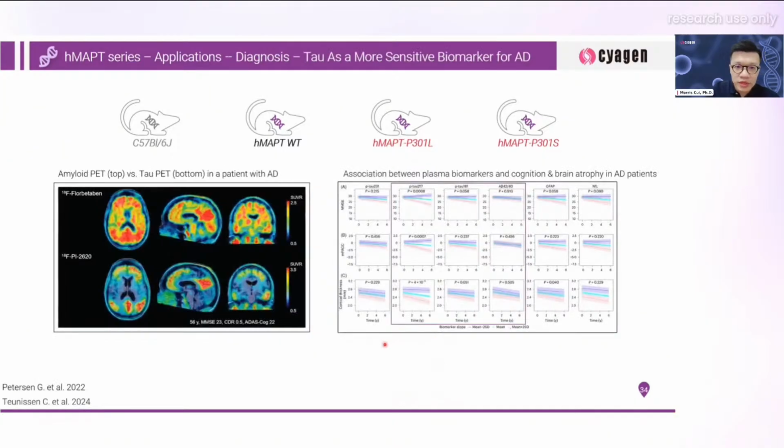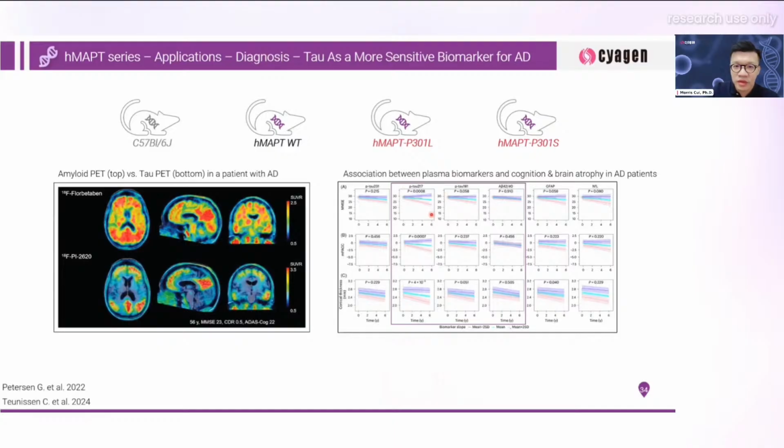In addition to this, more than one clinical study has demonstrated that in comparison to A beta, tau has a more clear correlation with cognitive impairment. That being said, with cognition declining in AD patients, tau as a biomarker can more clearly reflect this.